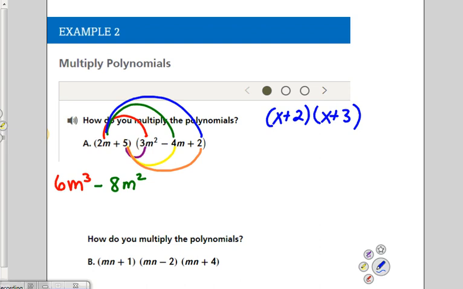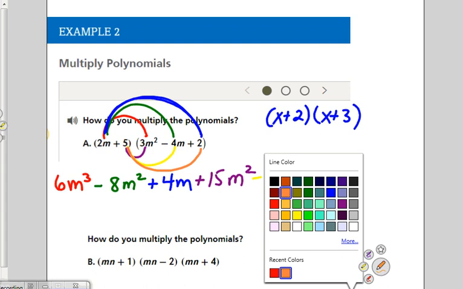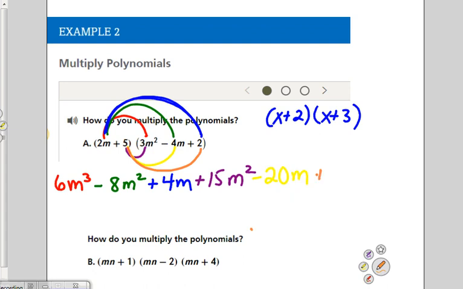The blue arc, 2m times positive 2 is positive 4m. Purple, positive 5 times 3m squared will be 15m squared. The constant 5 times negative 4m will be negative 20m. And then finally, 5 times 2 at the end here in orange will give us positive 10.